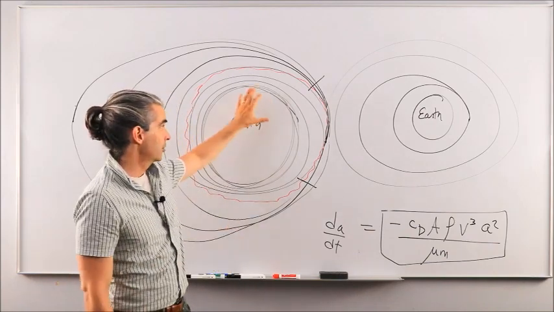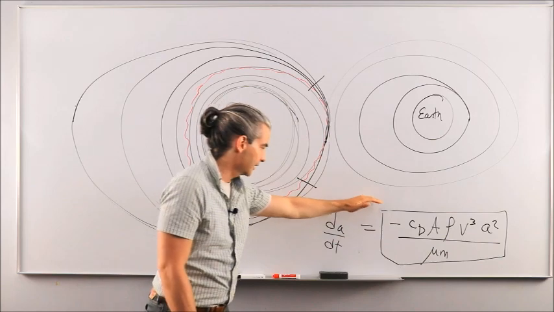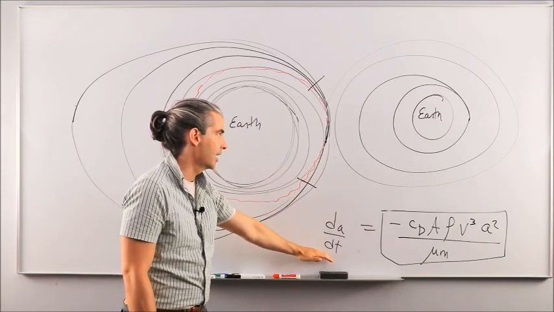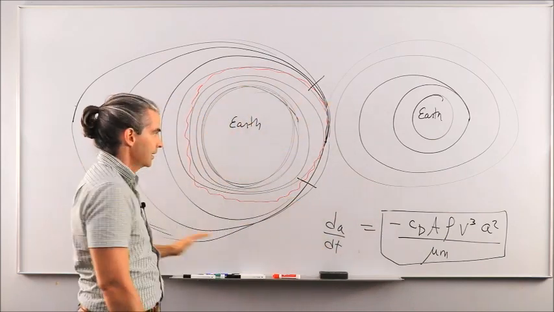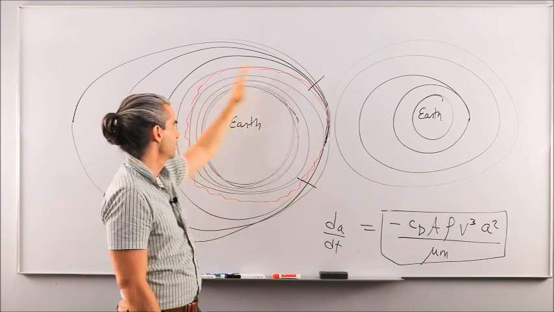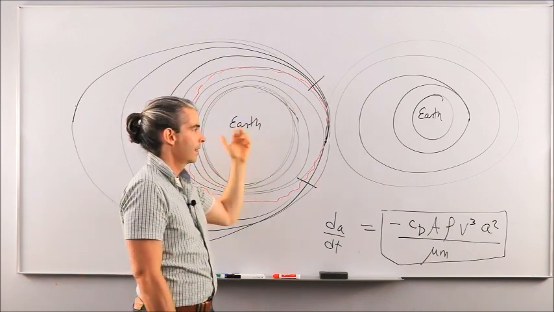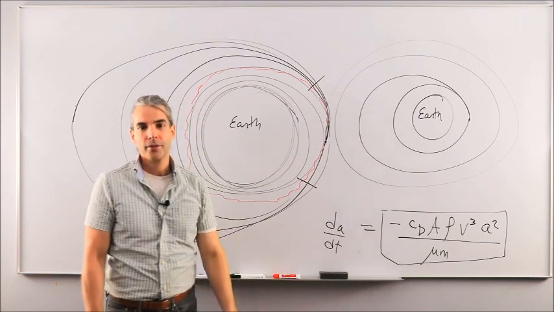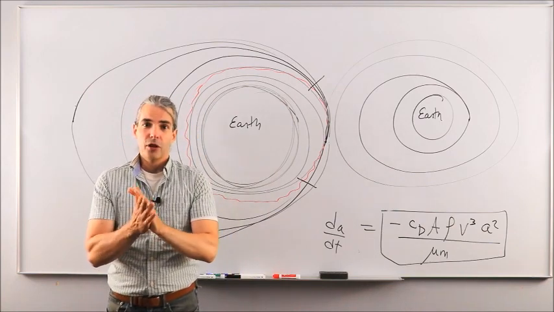And finally, we looked at drag and specifically its effect on the semi-major axis and how it leads to a decrease in orbital energy, circularization of the orbit, and eventually atmospheric burn down.